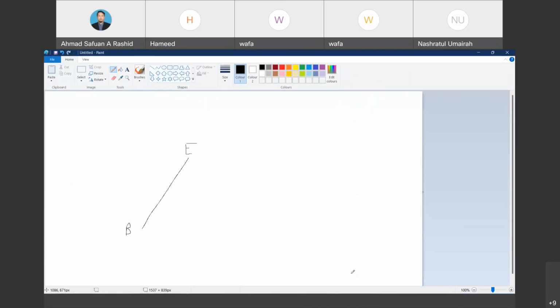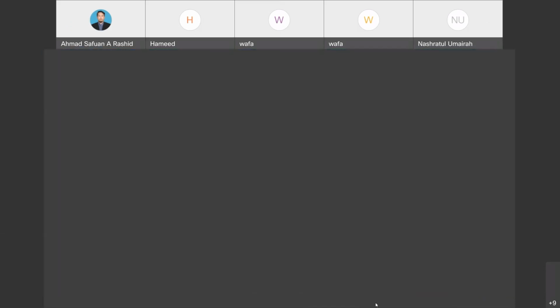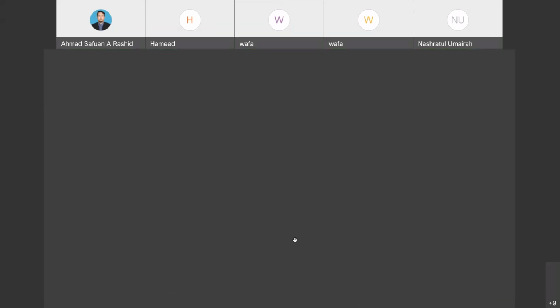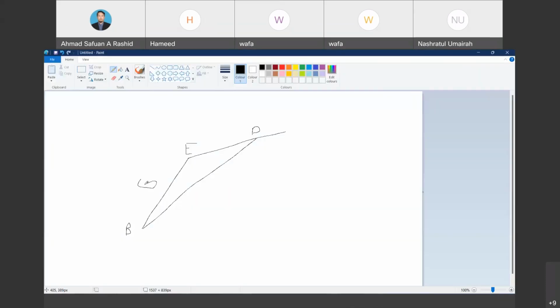Then we have another line to represent the BD. Then the last line is the ED. So we already determined the length of the BE, which is equal to 6.93. So this is the BE line.